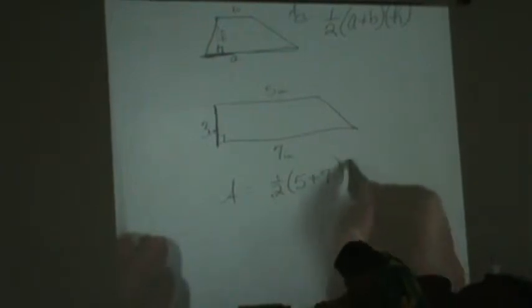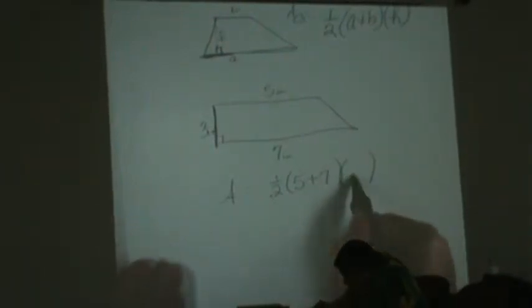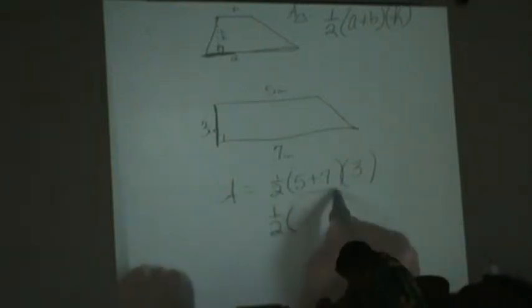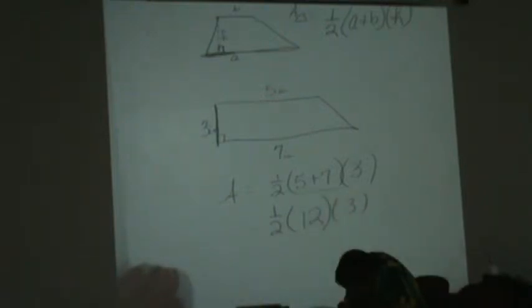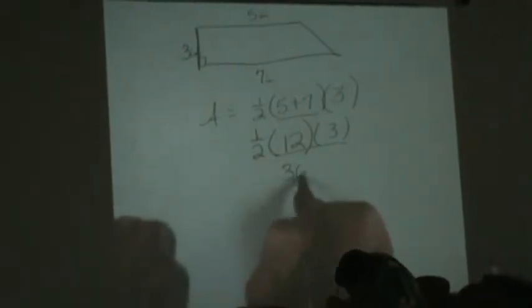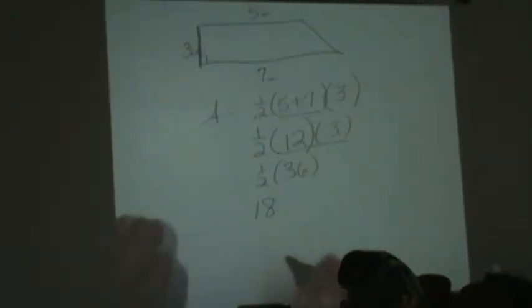We're going to add the top and bottom, 5 plus 7, and then we will be multiplying the height, 3. So you'll have 1/2 of 12 times 3. 12 times 3 is 36, so 1/2 of 36 is 18. 18. These were in inches.